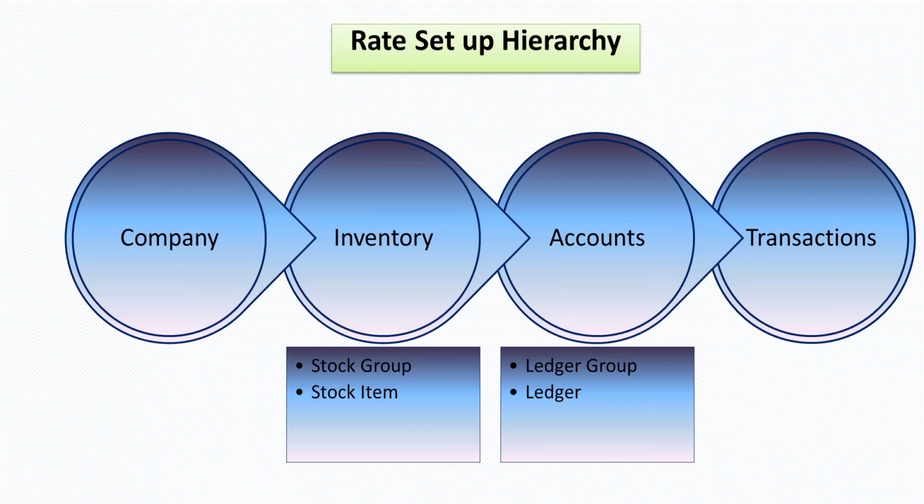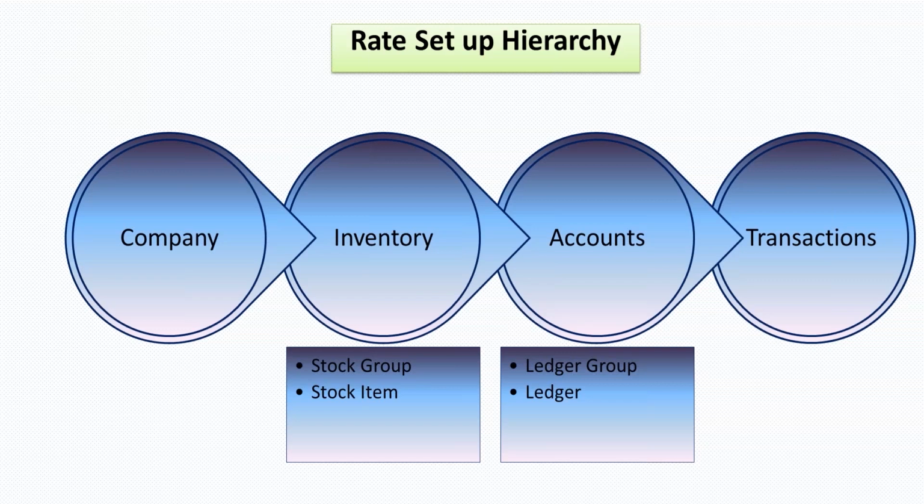I will configure the group sales itself as 18%. Further, when I create interstate sales, intrastate sales, B2B sales, B2C sales ledgers, I will create them under the group sales for sure. I want the individual ledgers to derive their character from the group sales, so I will not configure anything further at the ledger level. So it will derive it from there.